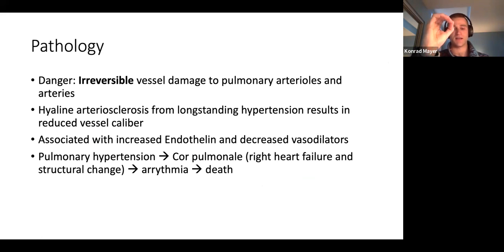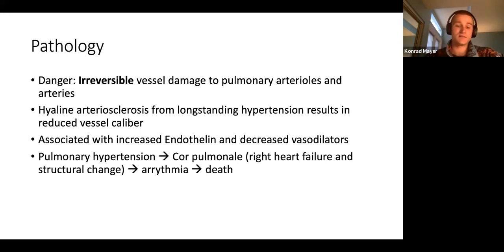And this is basically an exudation of a bunch of proteins that lead to medial and intimal thickening and the vessels becoming narrower. And there's nothing that can be done to reverse this process. So once we have pulmonary hypertension for a long time, there's no going back.